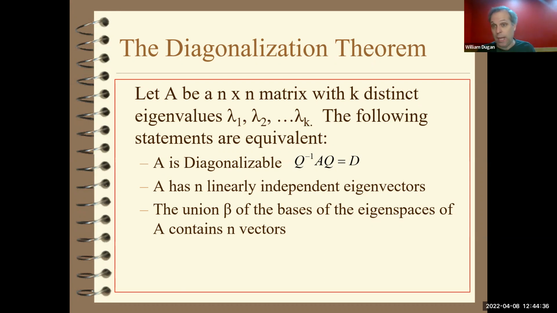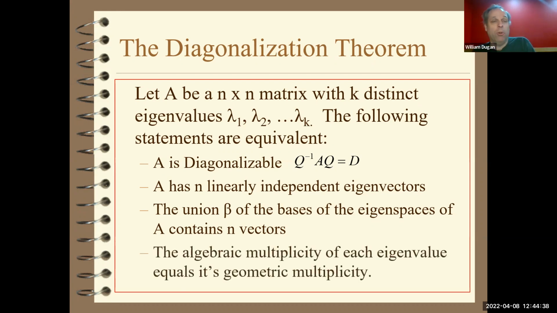And then we had one last one, which is that the algebraic multiplicity is equal to the geometric multiplicity for every single eigenvalue.